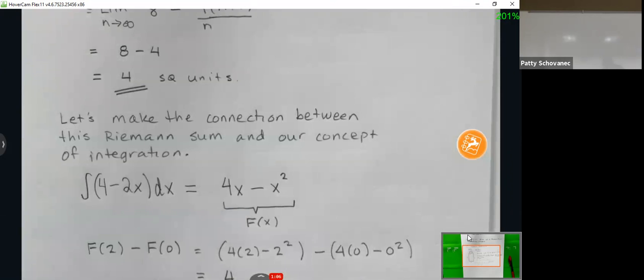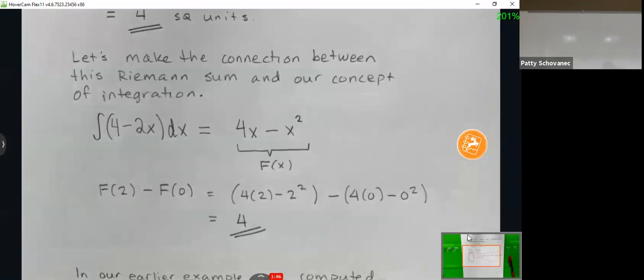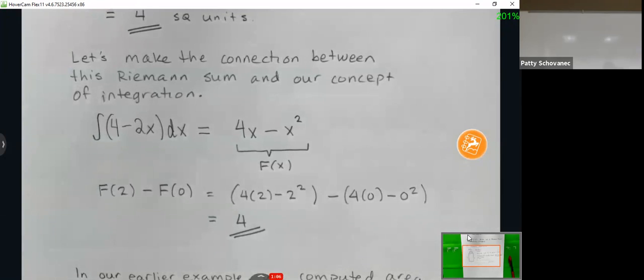Let's go back to the first example we did. In our first example, we computed the area beneath f of x is x squared plus 1 from x is -1 to x is equal to 3.